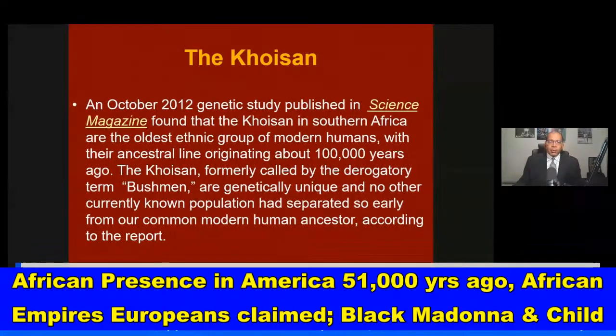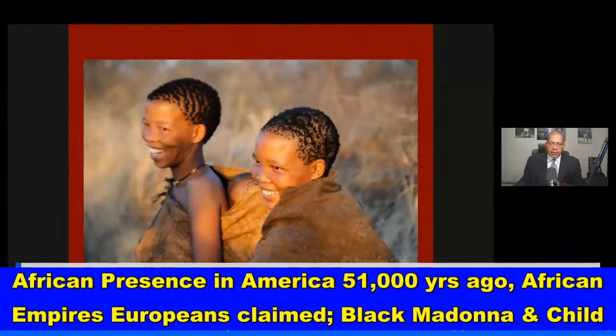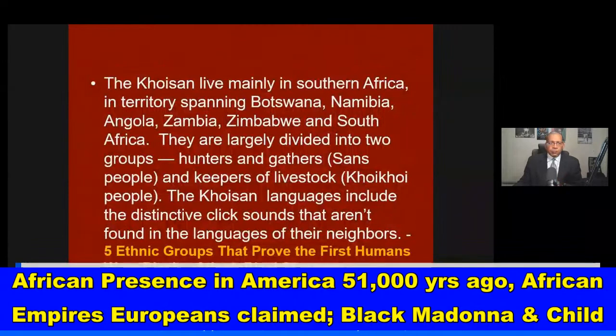The Khoisan, formerly called by the derogatory term Bushmen, are genetically unique, and no other currently known population has separated so early from our common modern human ancestor, according to the report. Now, here are a couple of Khoisan sisters, also a couple of Khoisan African women.